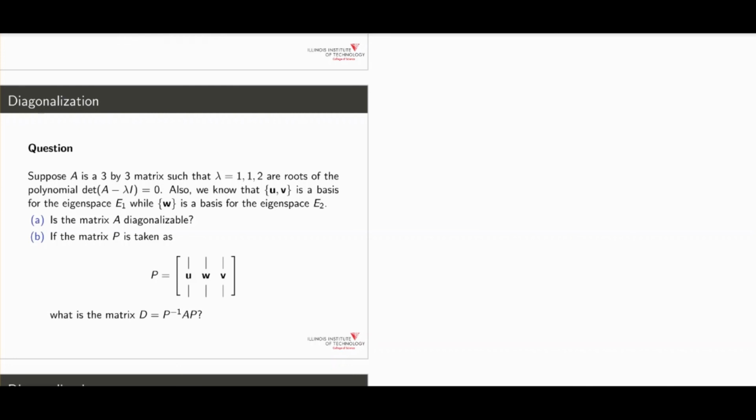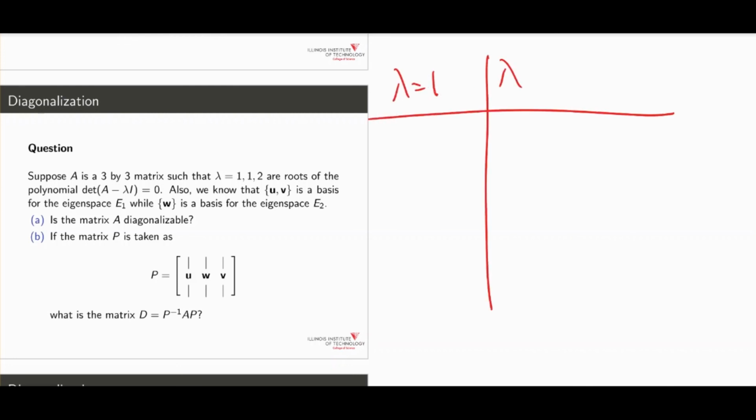We have lambda equals 1 and lambda equals 2. Lambda equals 1 appears twice, so counting multiplicity, the algebraic multiplicity for lambda equals 1 is 2, because you have a factor like that in your characteristic polynomial, since 1 and 1 are roots.